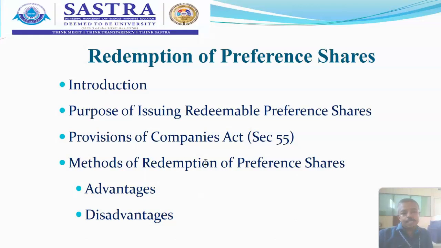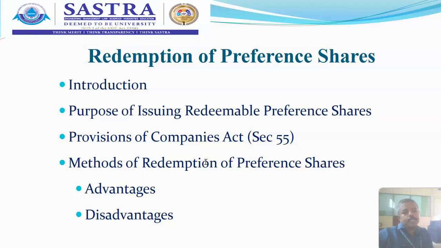The object is that with the repayment of redeemable preference shares, the security for creditors and bankers should not be reduced. So at that time, a part of the preference share capital may be redeemed out of accumulated profits, and the balance out of a fresh issue only.